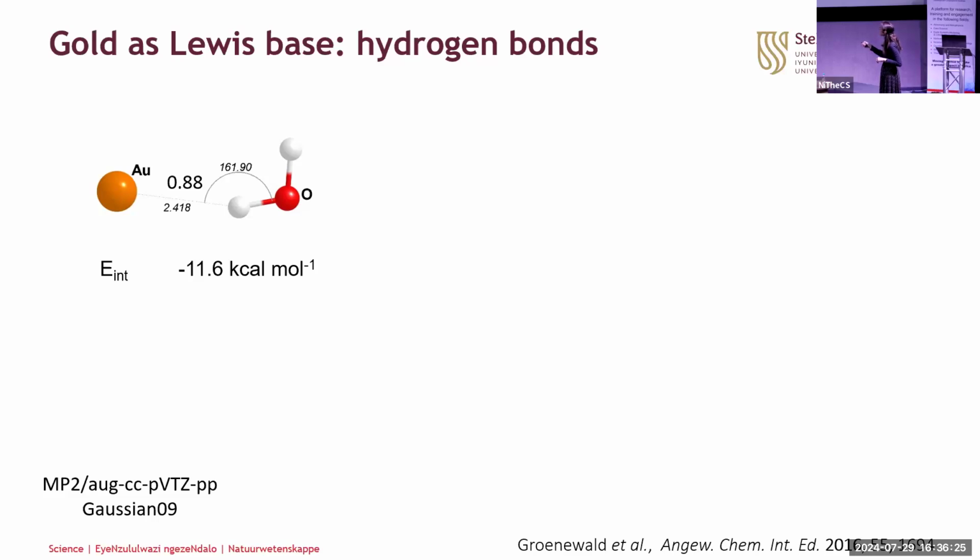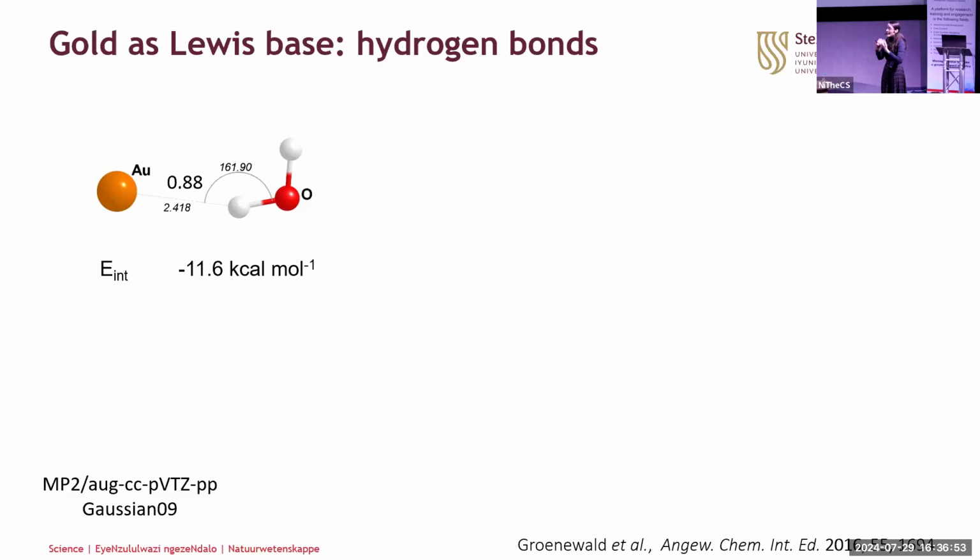First of all, by the energy, which, as I said to you, negative energy means it's a strong interaction, and also by the fact that this distance is quite short. So this 0.88 means that if we just had a gold and a hydrogen sitting next door to each other, not interacting, they would be at what we call the sum of the van der Waals radii. Van der Waals radii are basically the outer edge of a molecule.